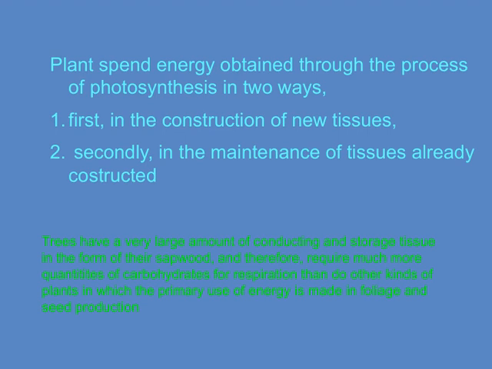This means they need a lot more carbohydrates for respiration compared to smaller plants. In other plants, most of the energy is directed toward producing foliage and seeds, but for trees, a significant portion goes toward supporting their extensive vascular system and storage. This highlights how different plant types have adapted their energy use strategies, which ties into the overall theme of how plants optimize energy for survival and growth.